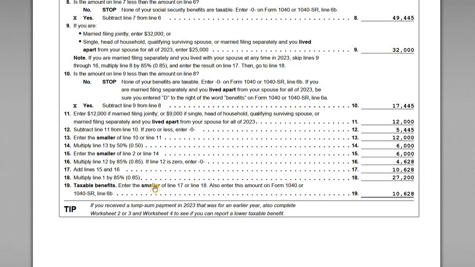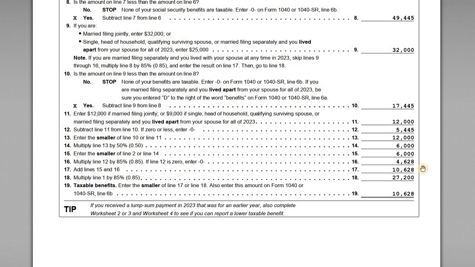Then on line 16, we multiply line 12 by 85%, which gives us $4,628. And then on line 17, we add lines 15 and 16. So we're adding line 15 of $6,000 and line 16 of $4,628.